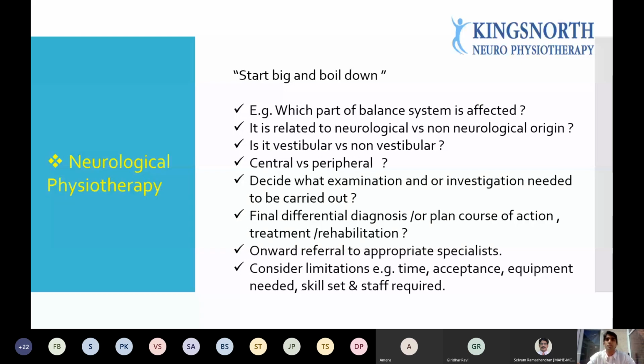As neurophysios, we can get a bit too biased, having a eureka moment and jumping into treatment even before we take the appropriate steps. So when it becomes central or peripheral, you look at more tests and investigations available. By this time you're thinking, and then you go down to the examination side, where we do further investigation, looking at any MRI or clinical investigation.